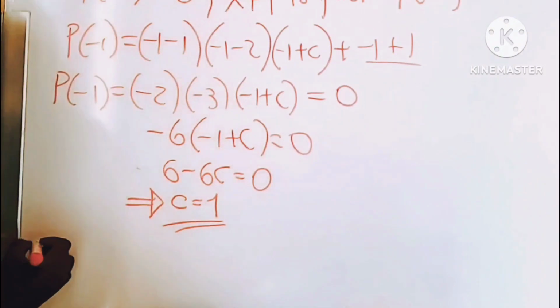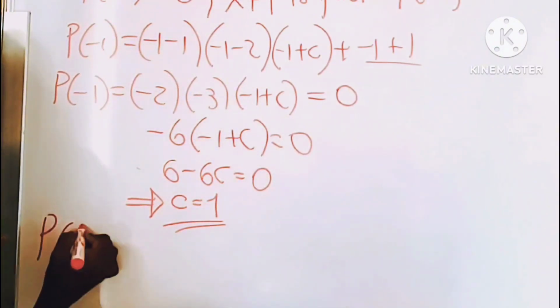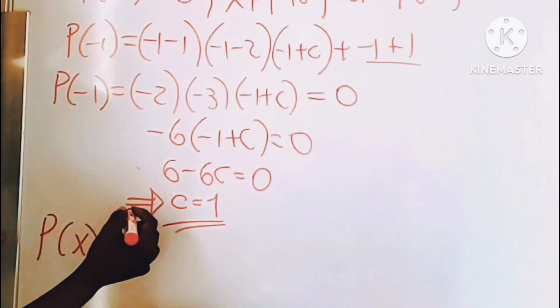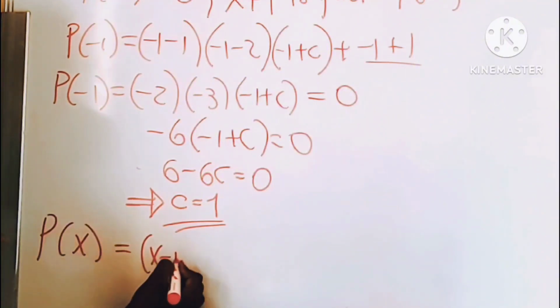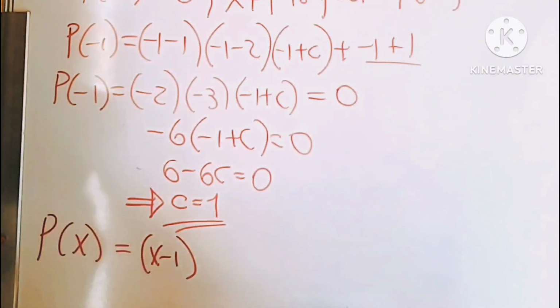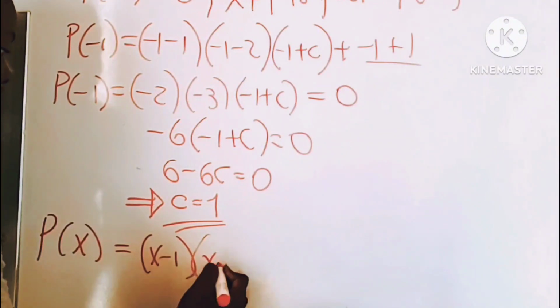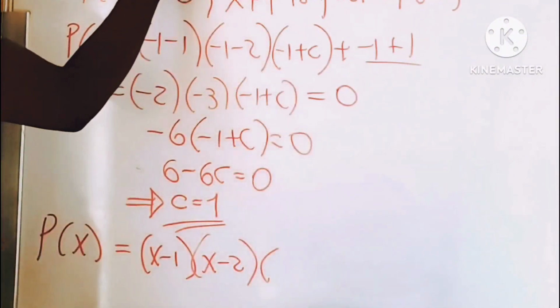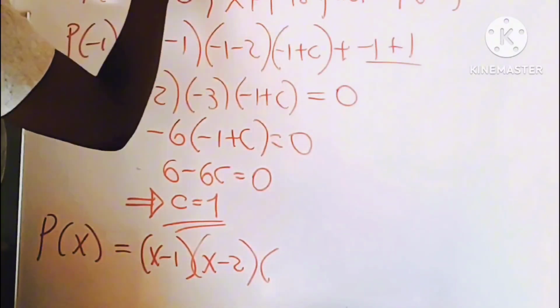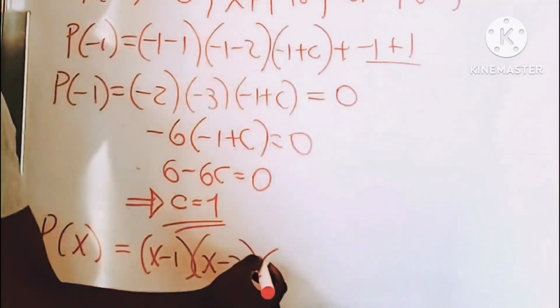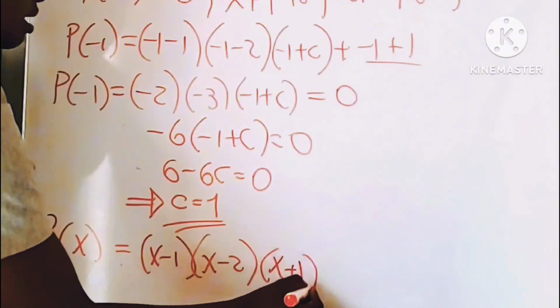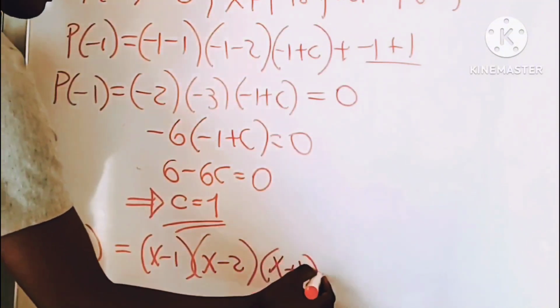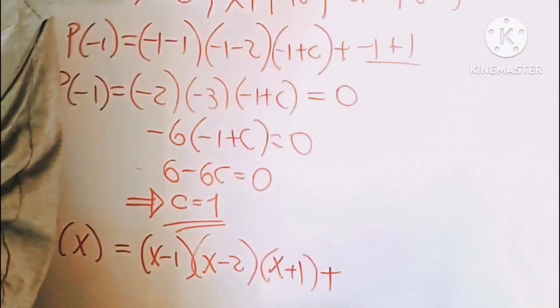What's P of x? P of x is x minus 1 into x minus 2 into our Q of x, which is x plus C, and C is 1, so I have x plus 1, plus ax plus b.